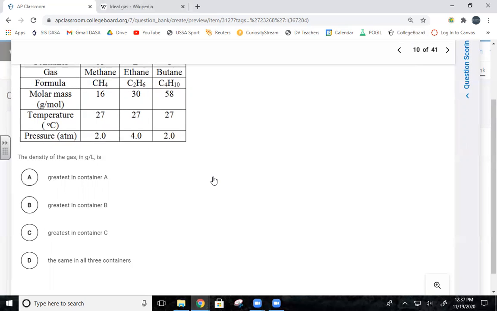A and D for sure, right? Because methane is the lightest in grams per mole, and it has the lowest pressure, meaning that there's the fewest molecules, right? Now, where it gets interesting is that methane has twice the pressure, but almost half the molar mass as butane, right?